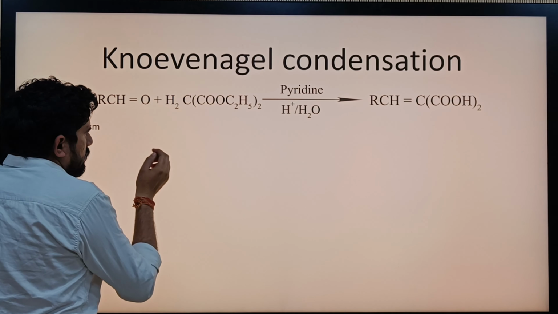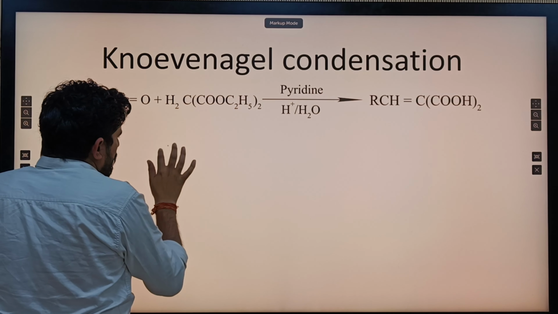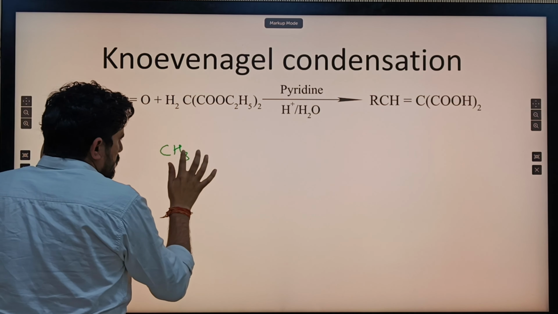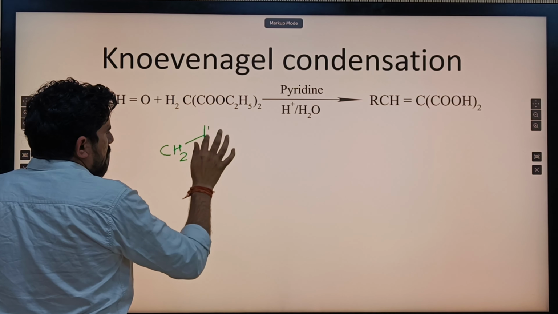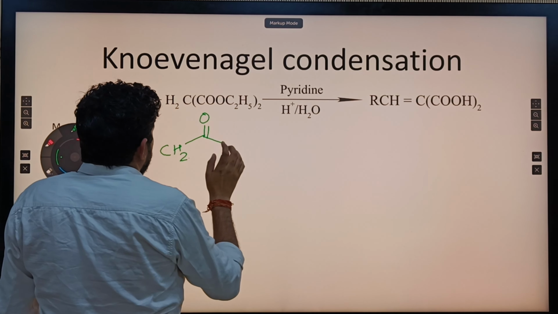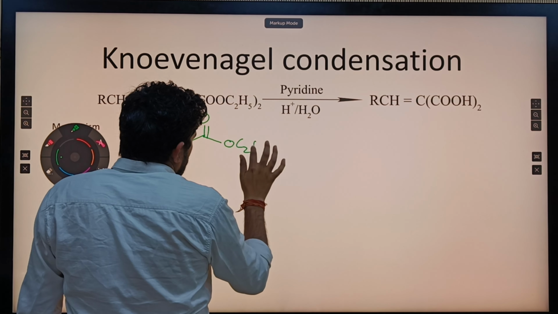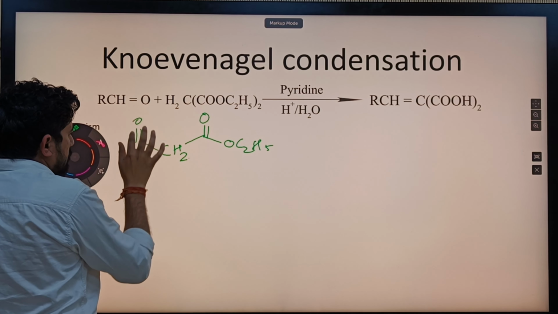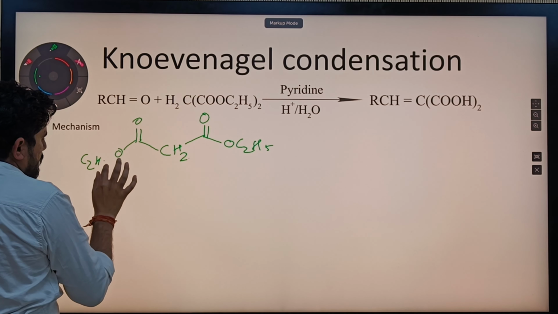So we have an active methylene group. So this is the methylene group, CH2. This is the methylene group activated by the electron withdrawing group, CH2, C2H5, oxygen, C2H5.